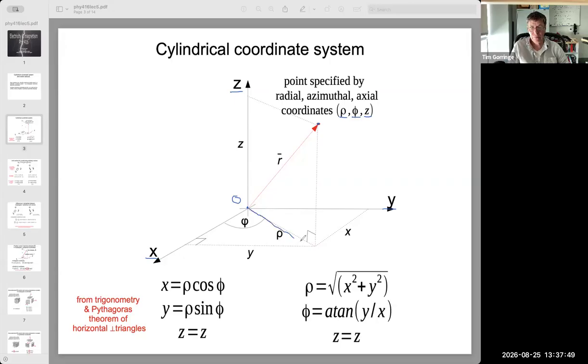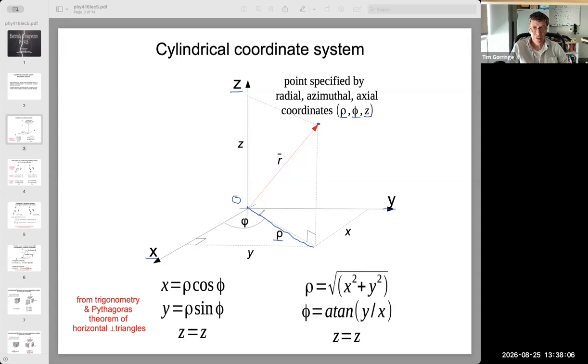Here's the shadow. The length of that shadow, the projection of r onto the xy plane, that's the coordinate rho. That distance, that length is the coordinate rho.